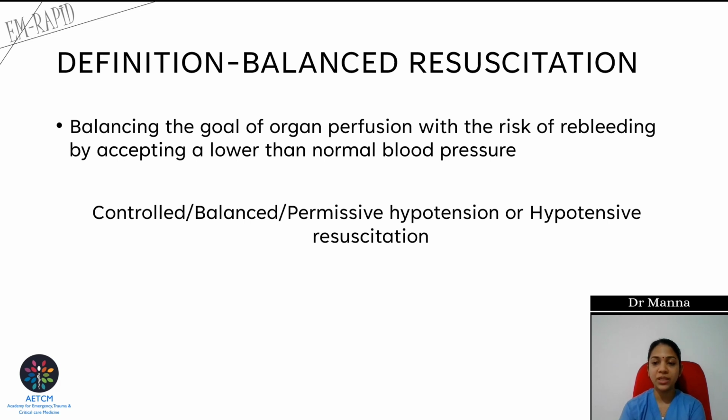If the patient comes with shock, we will be targeting a lower blood pressure so that the organs will be adequately perfused, and we are not targeting a higher pressure. As a result, there will be a very low risk of bleeding.